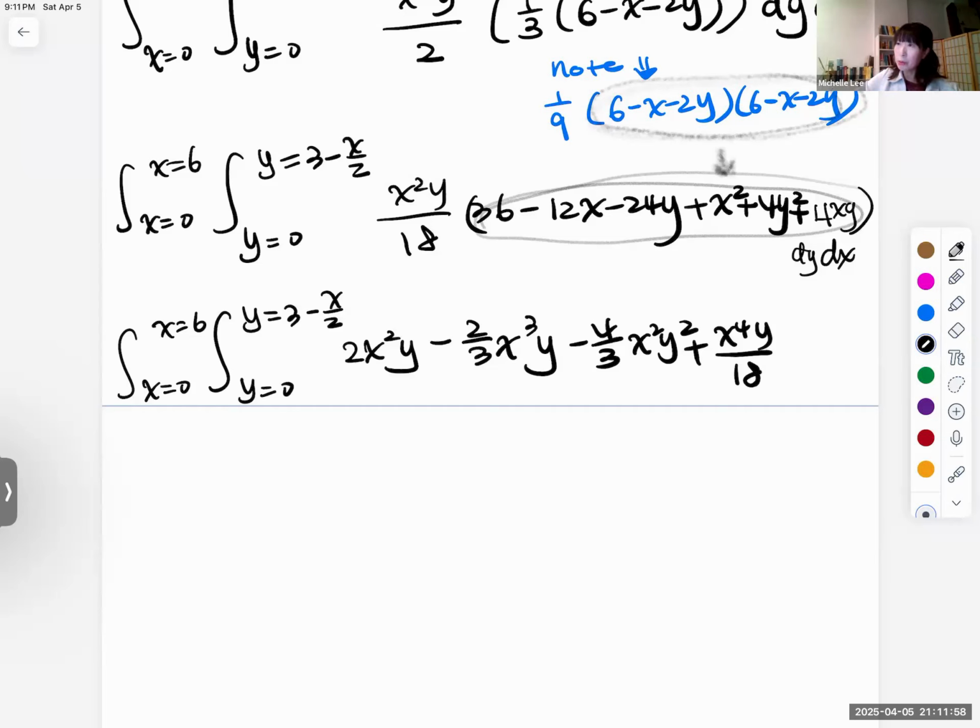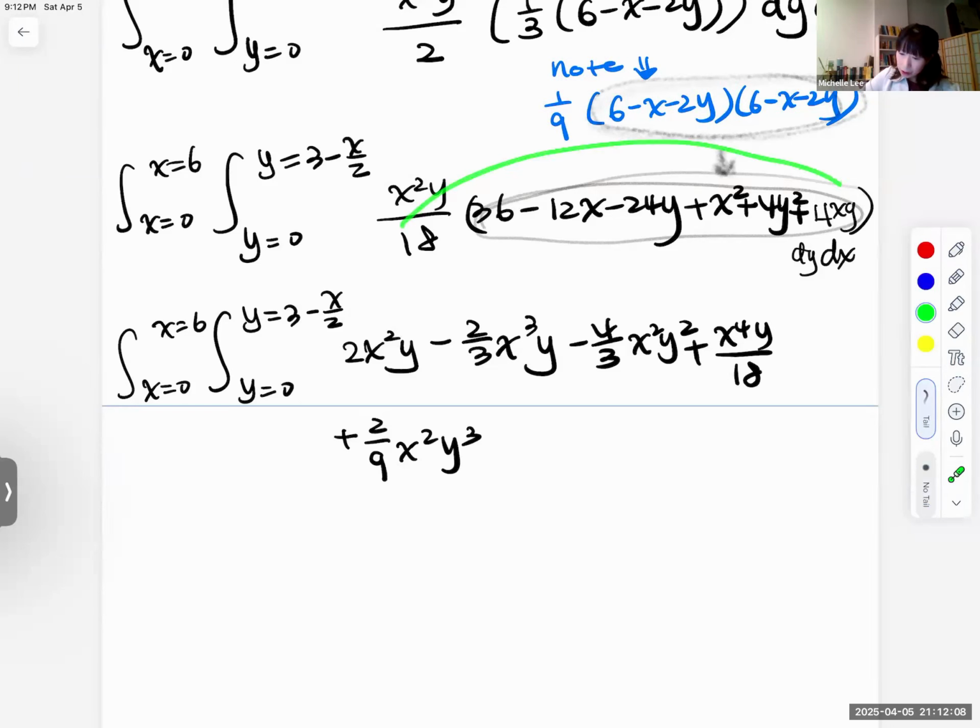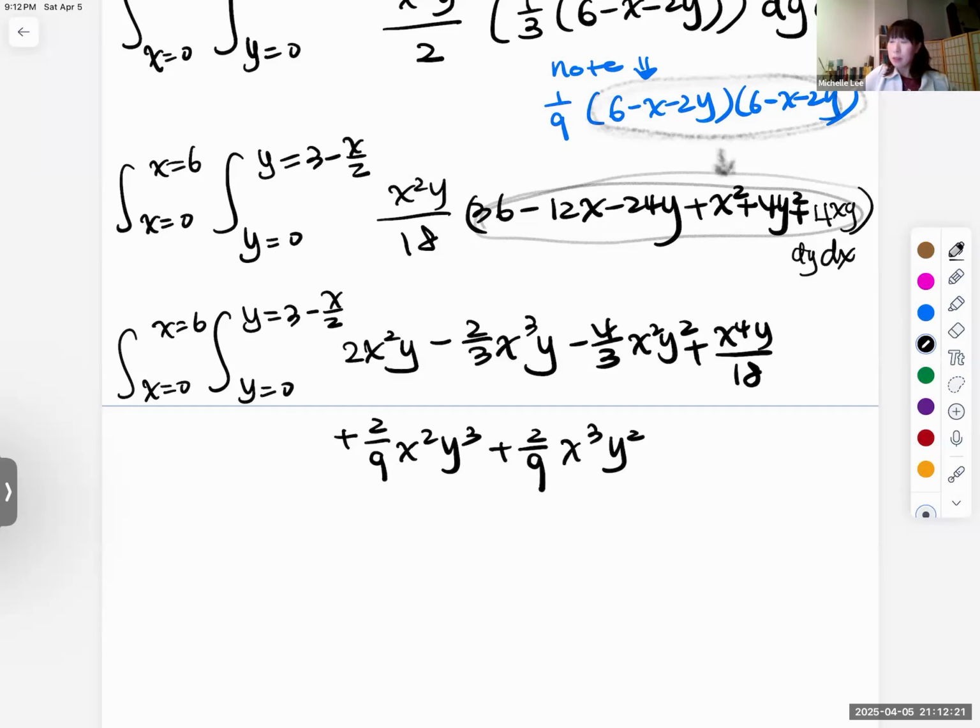Okay, the next term we have plus 2 over 9 x squared y to the third. Next term is the last term, which is plus 2 over 9 x to the third power y squared.